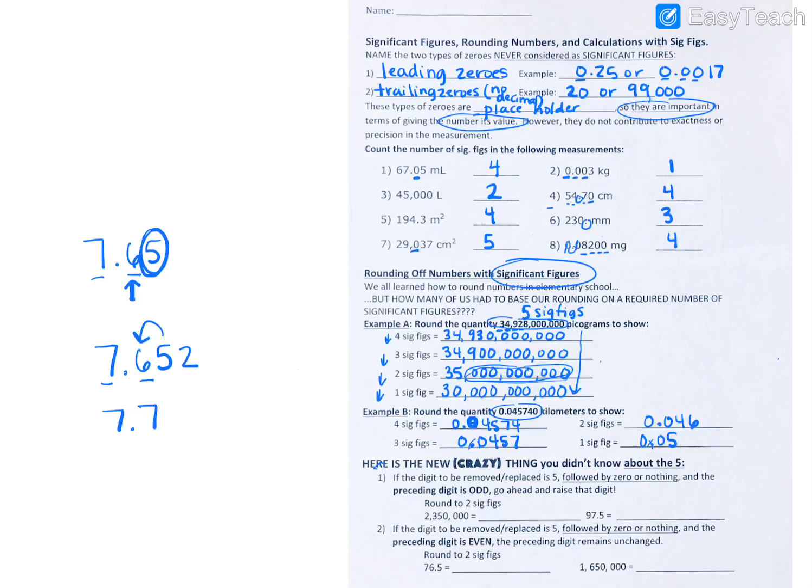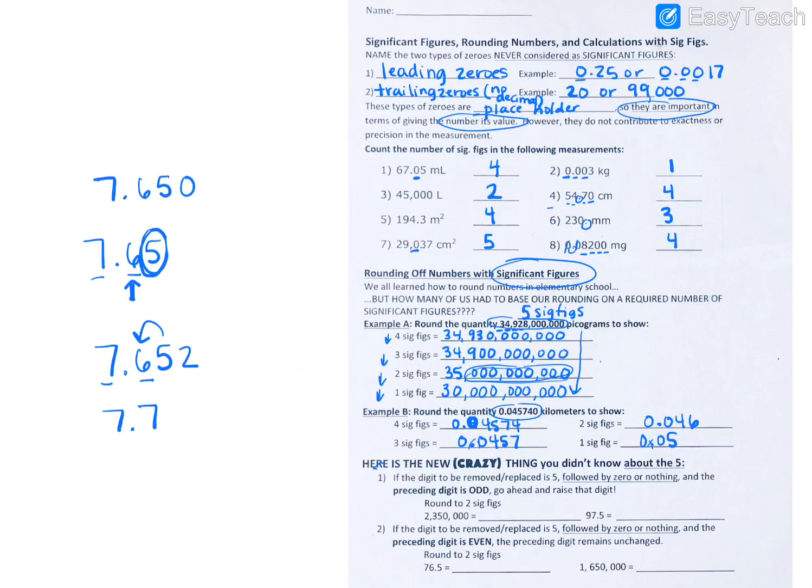It is a 5 that has absolutely no other numbers behind it. There's nothing supporting it, right? There's nothing backing it up. It's just a lone 5, all right? Also, an empty 5 could also look like this. That is, if it's a 5 followed by a 0, that's also an empty 5.